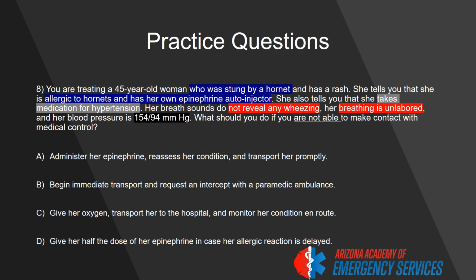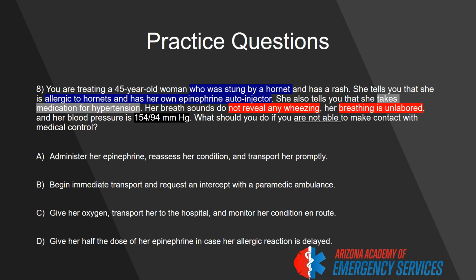And the key issue with any type of distributive shock is the widespread vasodilation across the entire body. And when the blood vessels over the entire body start to dilate to that magnitude, we can expect the blood pressure to drop significantly. So given that she is still hypertensive, that there's no wheezing and her breathing is unlabored, would all corroborate to us as providers that she is not currently in a state of anaphylaxis.